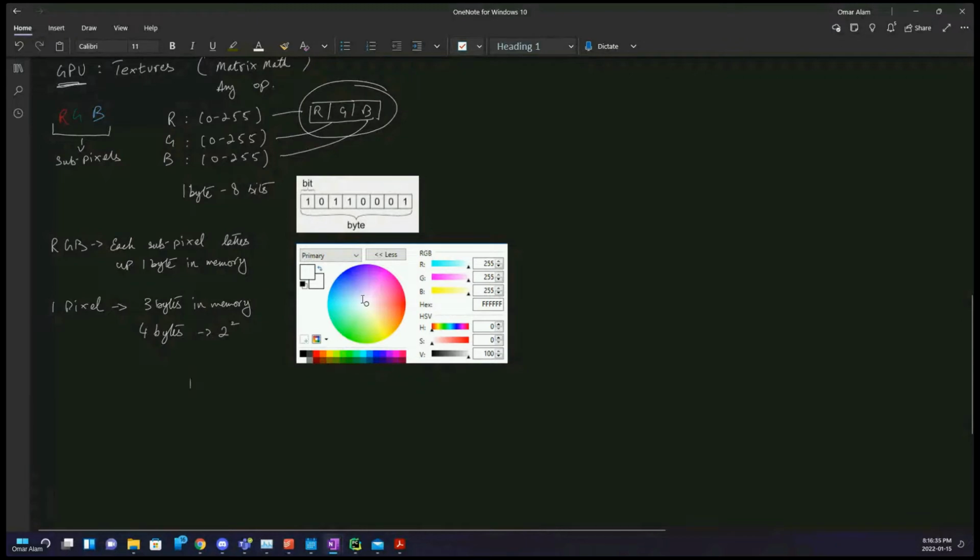The color wheel is actually a projection of, I believe, a 3-dimensional surface. If you try to visualize the color wheel as it's actually supposed to be, I believe it is in 3 dimensions. So you move these sliders around and you can basically get any color in the color wheel. That makes sense so far?